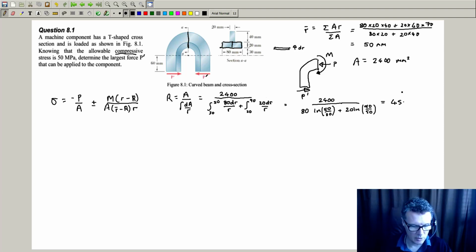So I will then work to 5 significant figures, and I present final answers to 3 significant figures. That's my rule of thumb. So to 5 sig fig, that's 45.6.